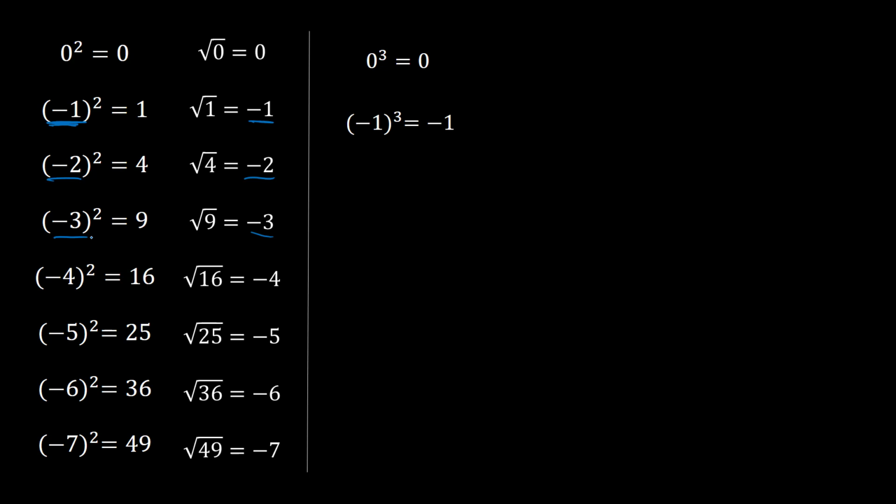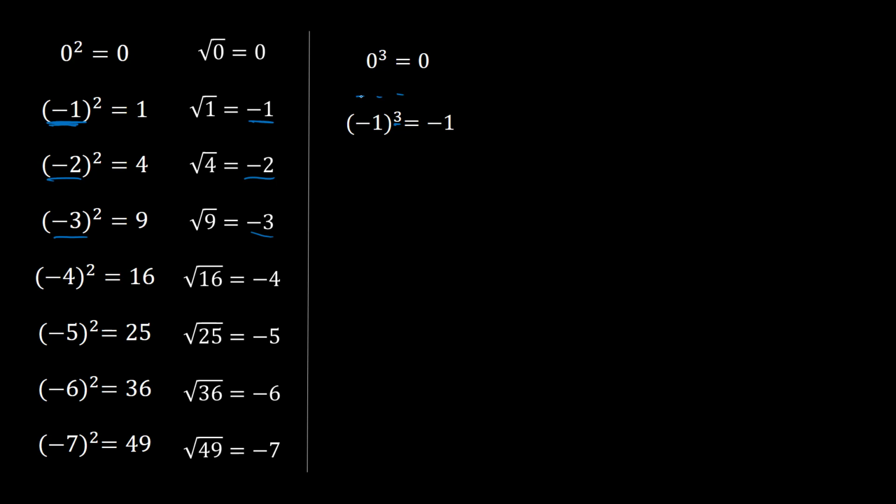But then negative 1 cubed would be negative 1 times negative 1, which becomes a positive 1. And then multiply one more time by another negative. So 1 times negative 1 would give you a negative 1. So when you see the exponent up here, if that's an odd number, we have a negative times a negative times a negative.